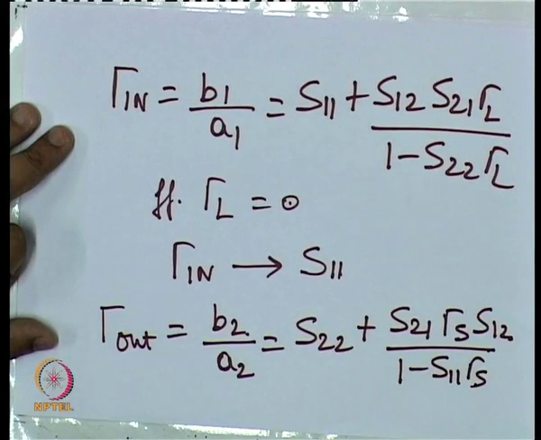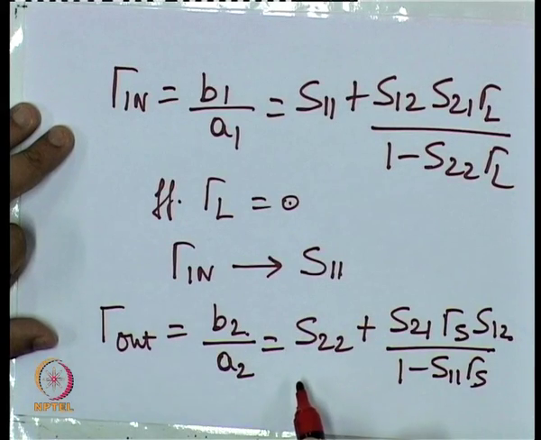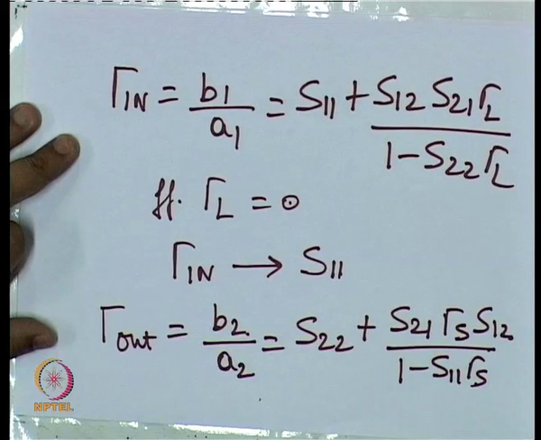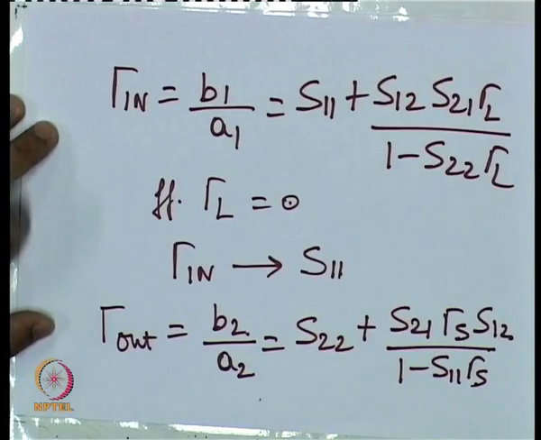Again, just like the gamma in, in many applications we prefer gamma out to be as low as possible. If both gamma in and gamma out are low, it is considered a good matching.